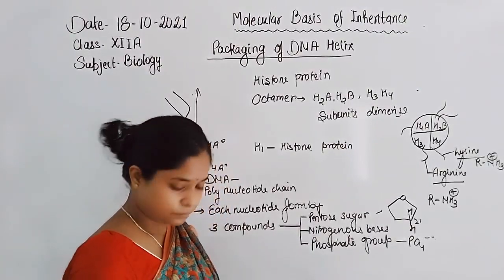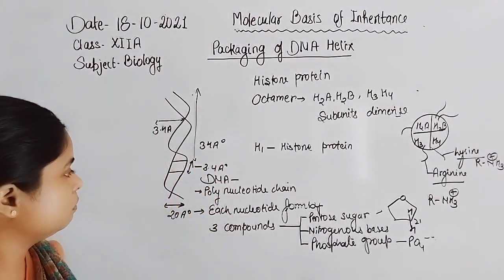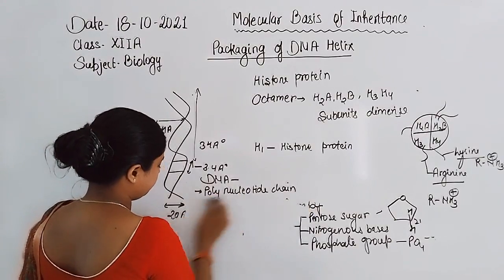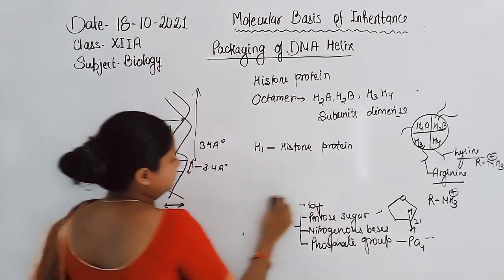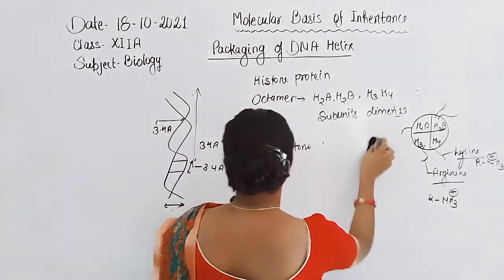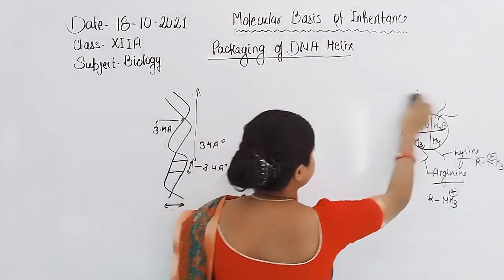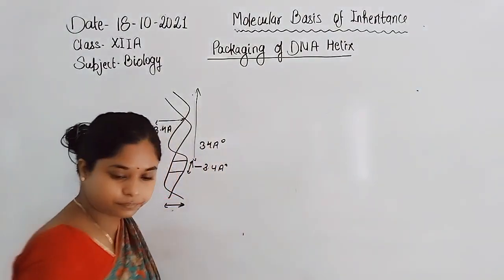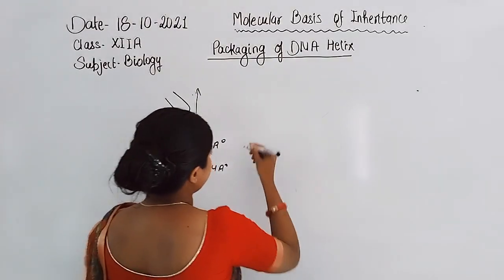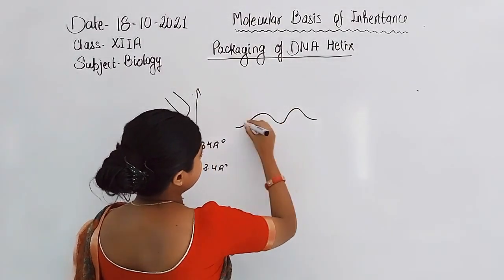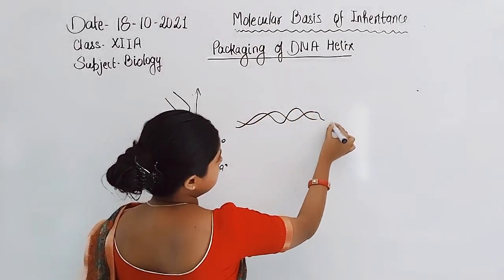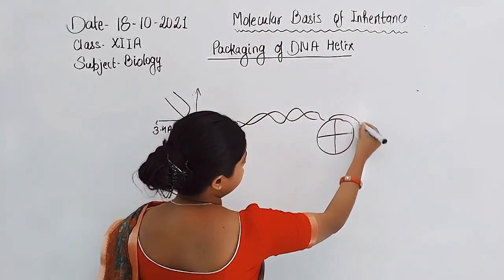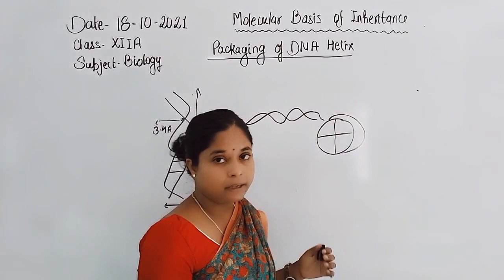Now, how does DNA wrap around the histone octamer? Let us discuss the DNA double helical structure. Here is a histone octamer, with 4 subunits in front and 4 subunits present behind.